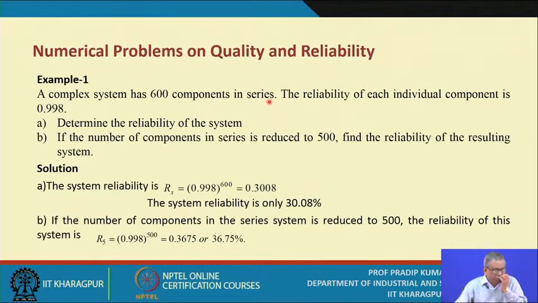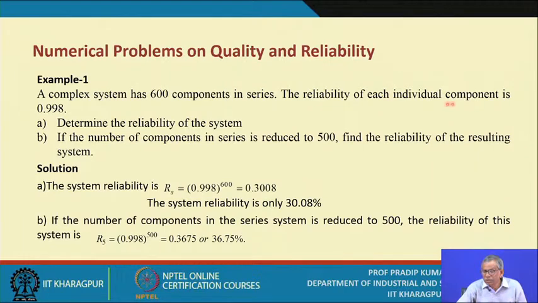Now here in this particular example, what we are saying is that a complex system has 600 components in series. Whenever we define the complexity of a system, it can be explained from several perspectives of quality and reliability. In this case the complexity is defined with respect to the number of components you use. So there are 600 components, so obviously in all likelihood it may be referred to as a complex system.